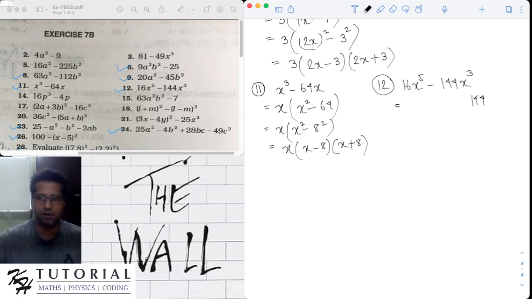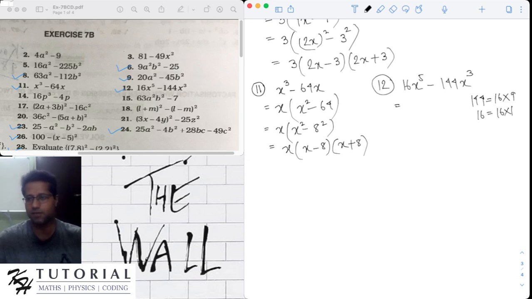You have to be very careful in taking out the common factor from the coefficients, because once you have taken out the common factor, the coefficients of the remaining terms must be perfect squares. So 144 is equal to 16 into 9, and 16 is equal to 16 into 1.